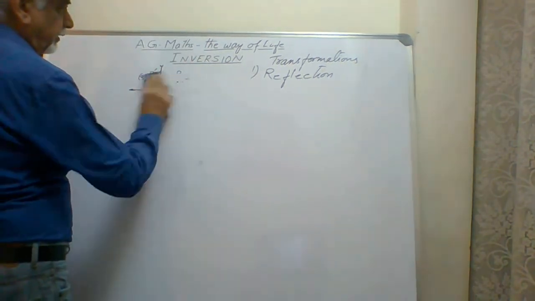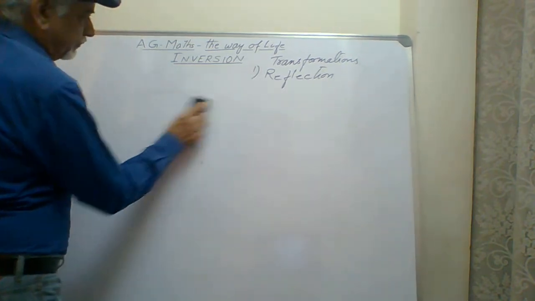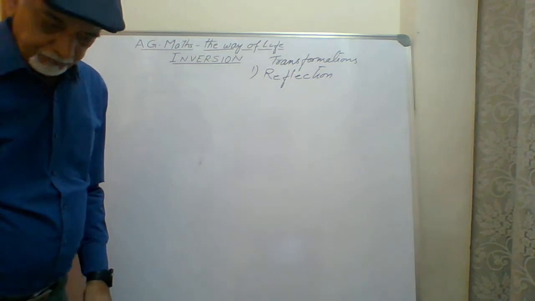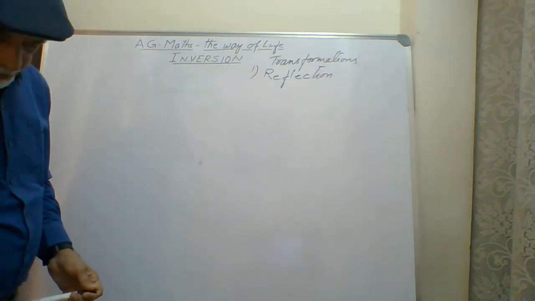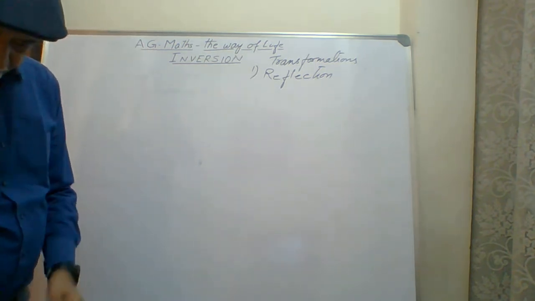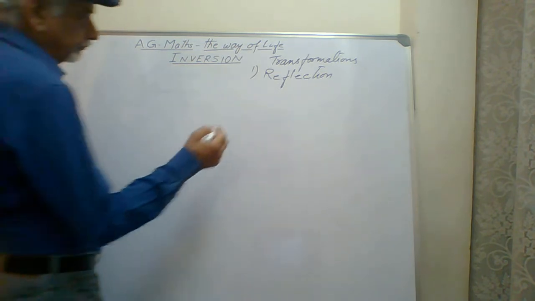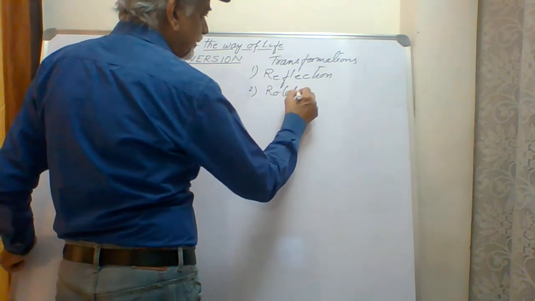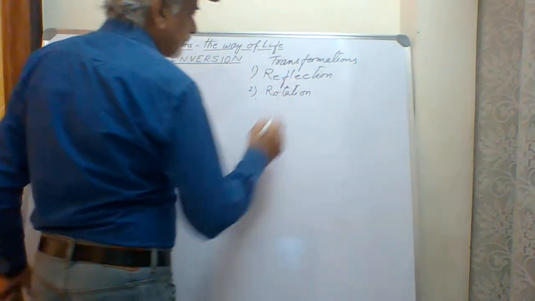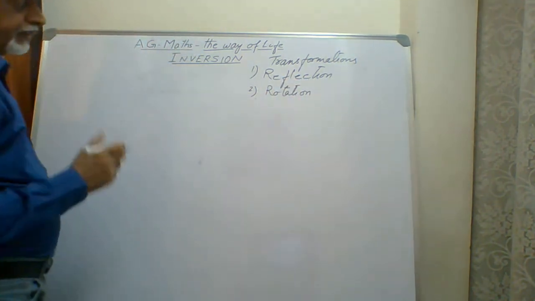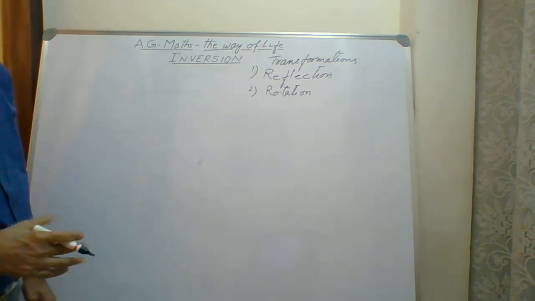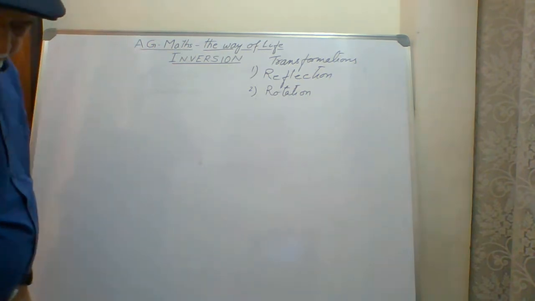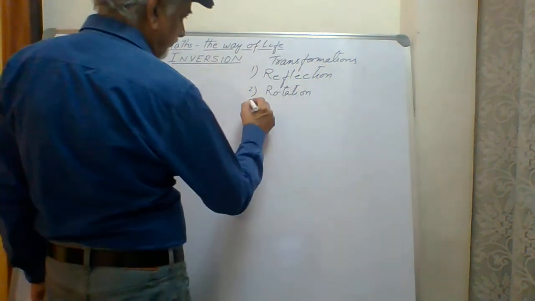Okay, now let's go to some other type of transformation. Another transformation we have learned is rotation about a point. Second is called the rotation. Rotation is also a transformation. So what happens? We can rotate about a point and get the other coordinate. That is the rotation. Then we have a translation.